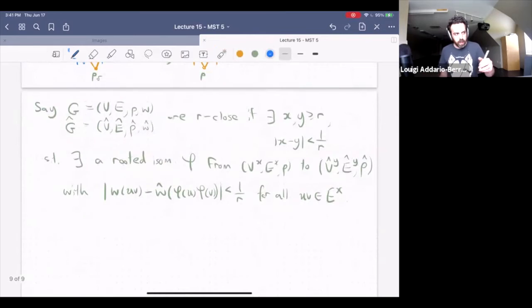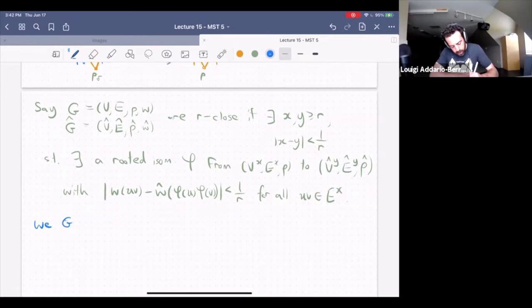Okay, so now let's say that, so that gives us a notion of closeness. And if you look at locally finite graphs, then you can also talk about isomorphism. Well, I guess you can talk about that regardless.